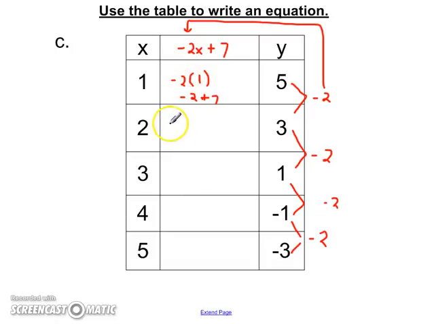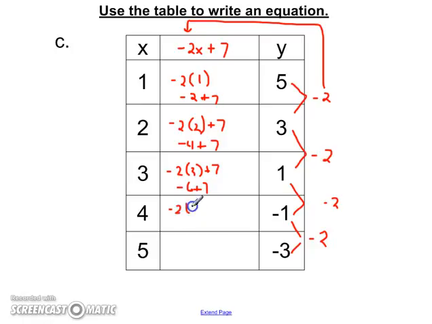So now, negative 2 times my x value, which is a 2, plus 7, does that get us 3? Well, this is negative 4. Negative 4 plus 7, 7 minus 4 is 3. Negative 2 times 3 now, plus 7, does that equal 1? Well, negative 2 times 3, that's negative 6. Plus 7, yep, that's 1.